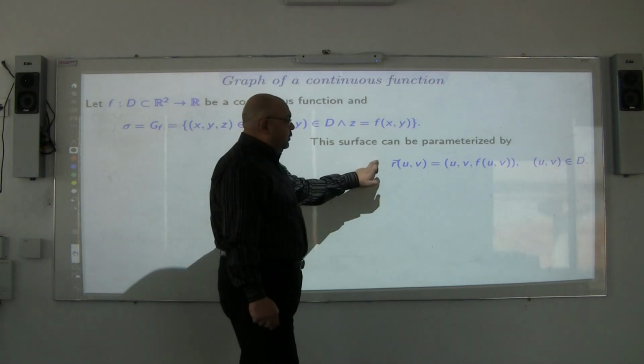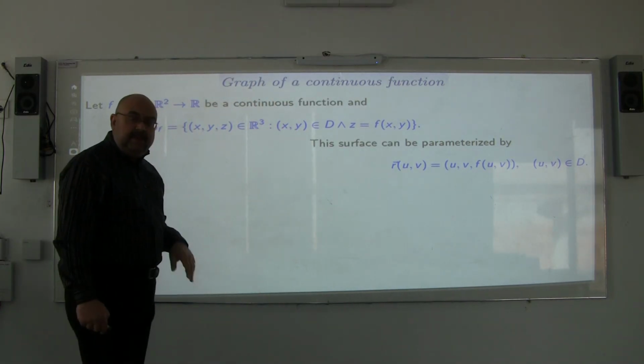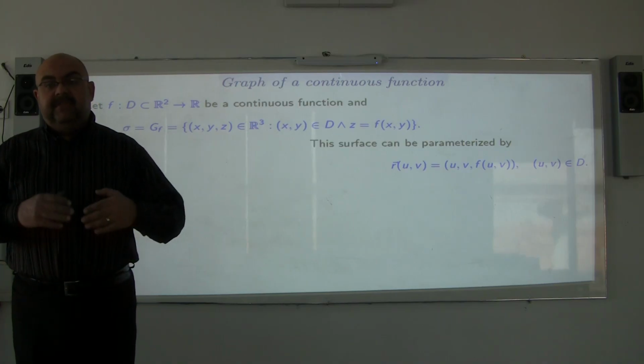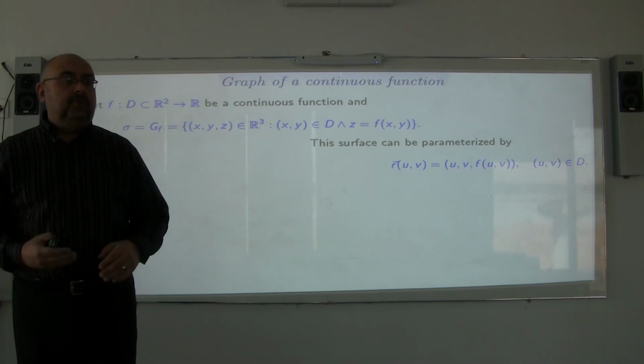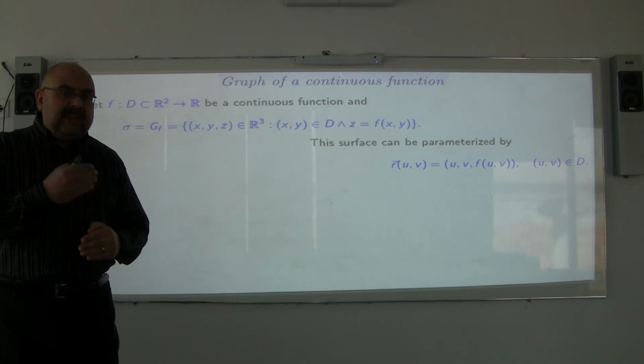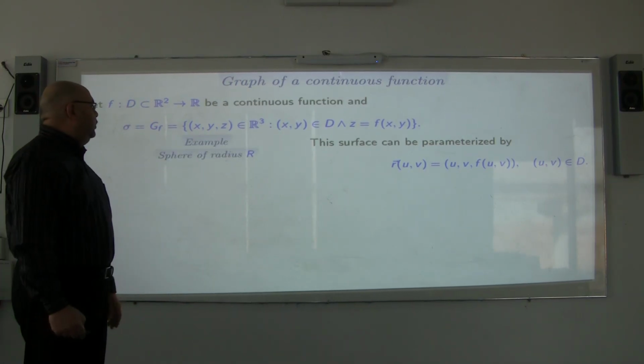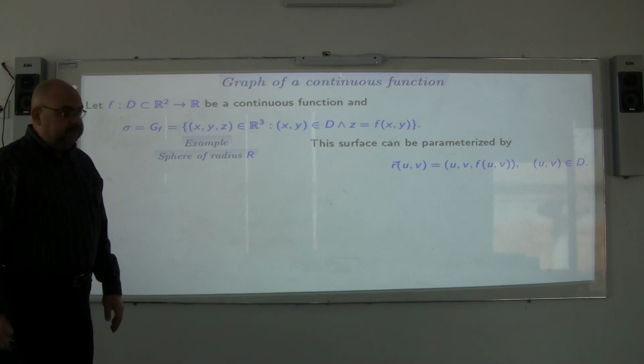This surface can be parameterized by r of u and v, and f of u and v. So actually, if I have x and y, we could get z as a function of x and y. That's the case we are talking about, as you will see soon.